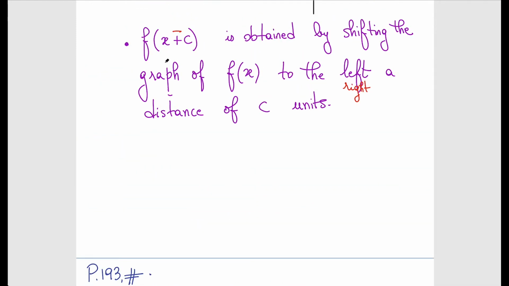If you know how to graph p of x, do you know how to graph p of x plus 1? Yes, the graph of p of x plus 1 is obtained by shifting the graph of p of x to the left a distance of c units, correct? This is what we discovered before. So I'm going to use this result.